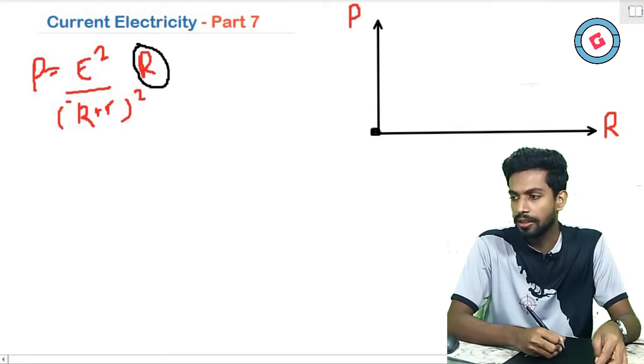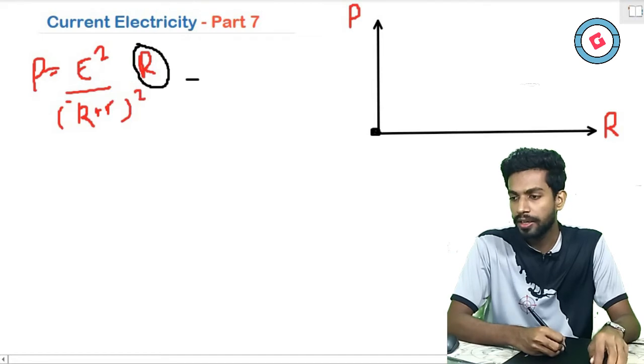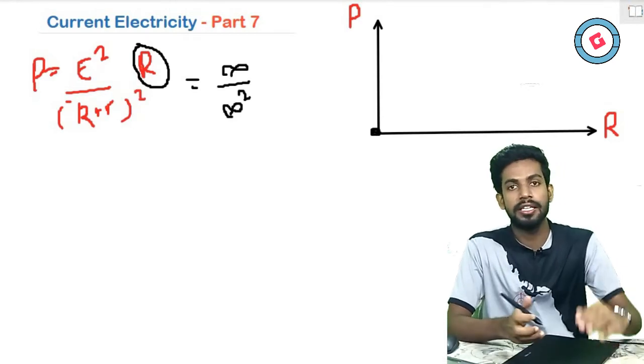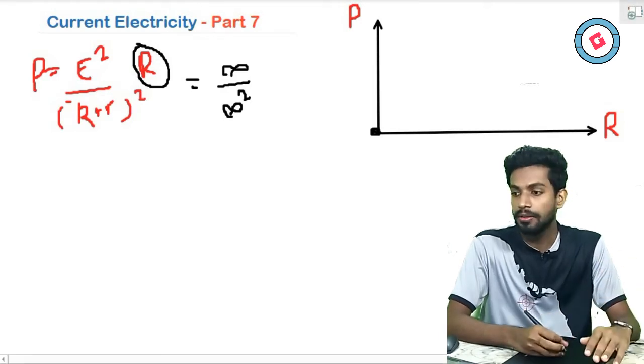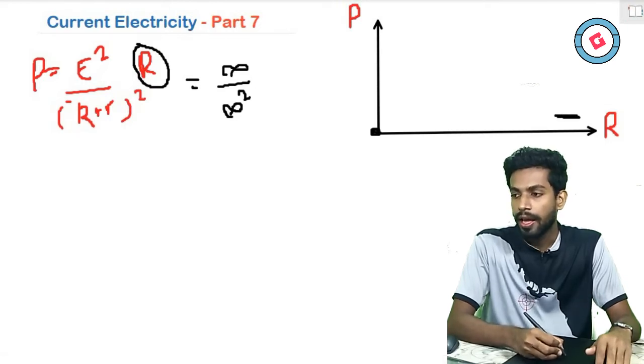So this is the point, R 0, P 0. And if we substitute infinity into R, the denominator will be infinity squared. So the denominator reaches infinity faster than the above part, so the value will be 0.